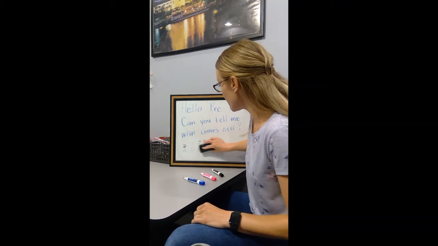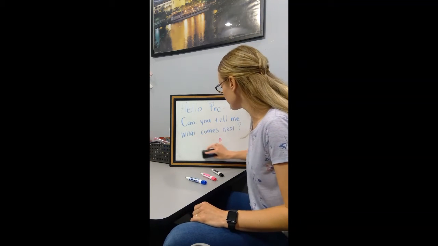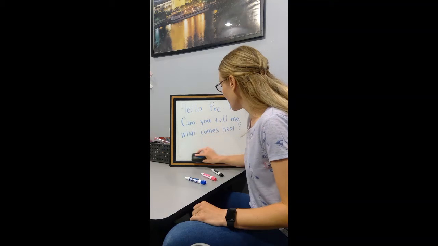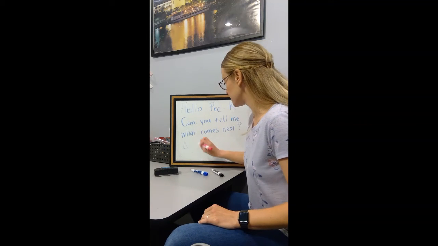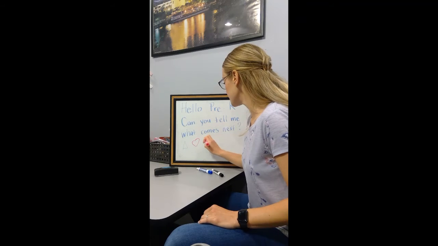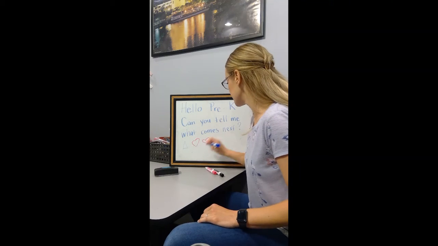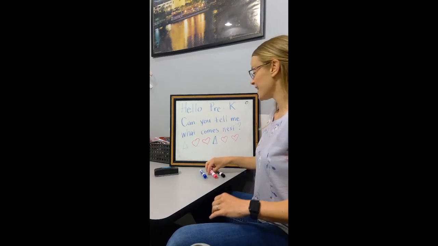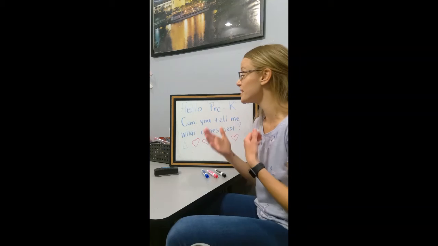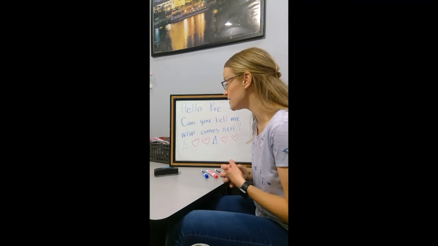Now let's move on to the pattern that I had earlier with triangle, heart, heart, triangle, heart, heart. Now this one's a little bit harder, but we do the same thing that we did for the easy pattern.